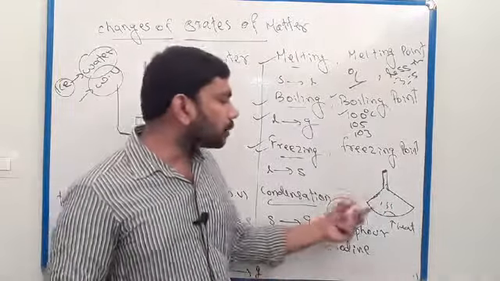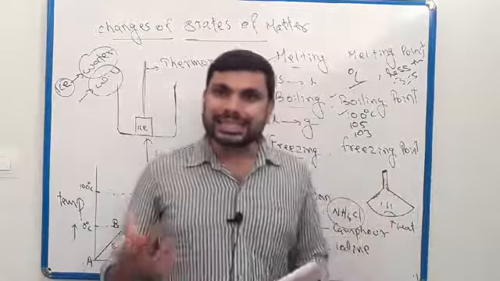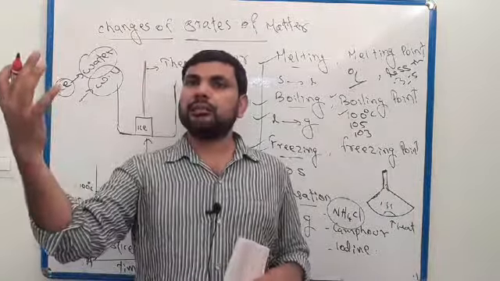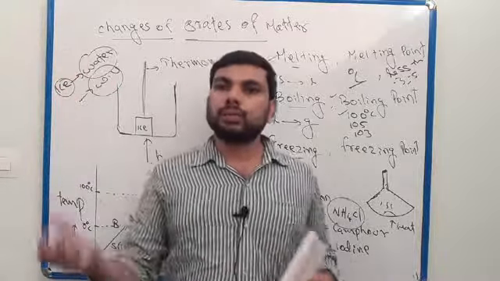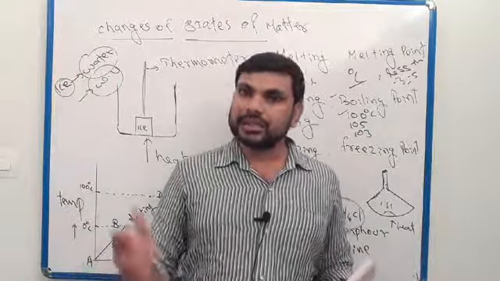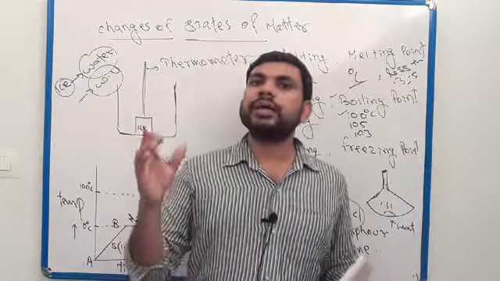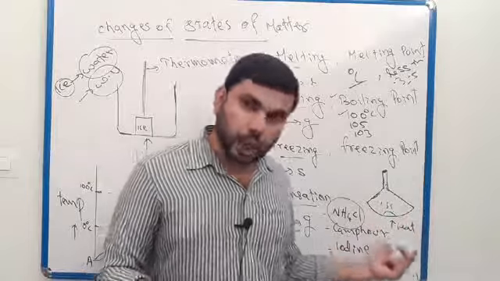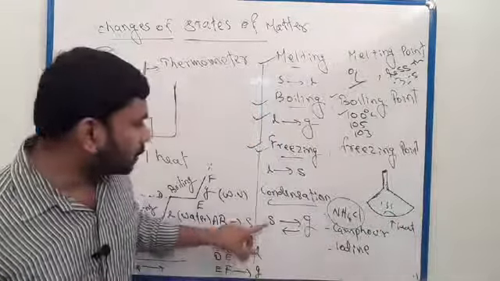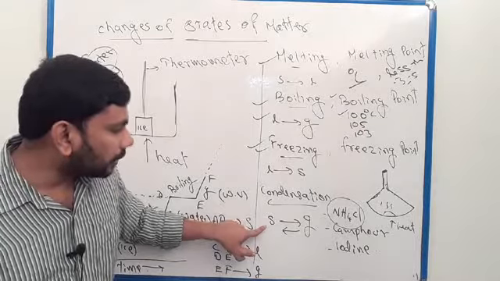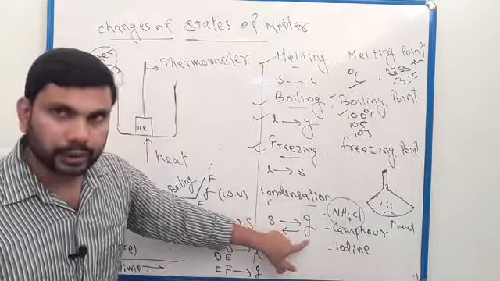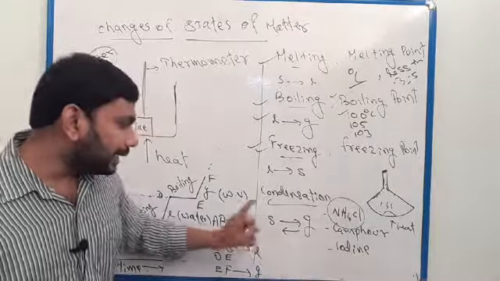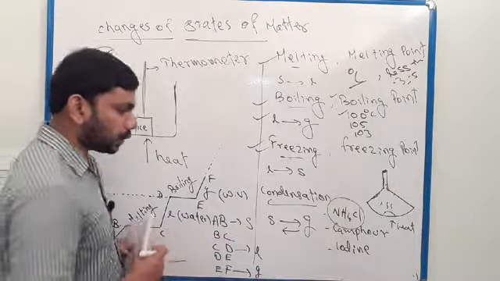It means ammonium chloride, a solid, after heating directly changes to gaseous state. This gaseous ammonium chloride, after cooling, changes back to solid ammonium chloride. Solid ammonium chloride after heating becomes gaseous, and gaseous ammonium chloride on cooling changes back to solid.